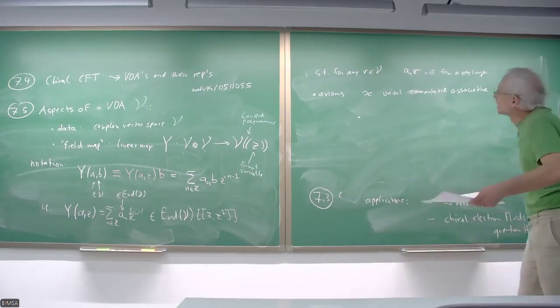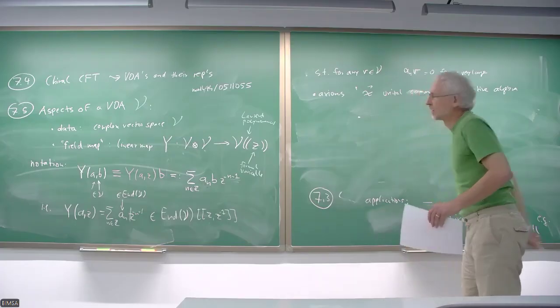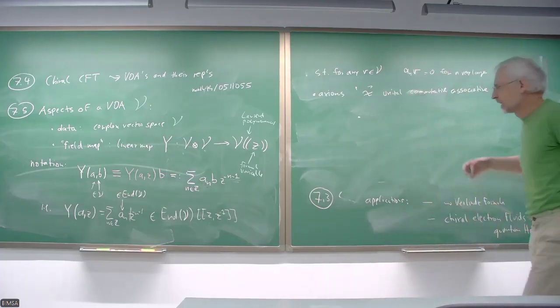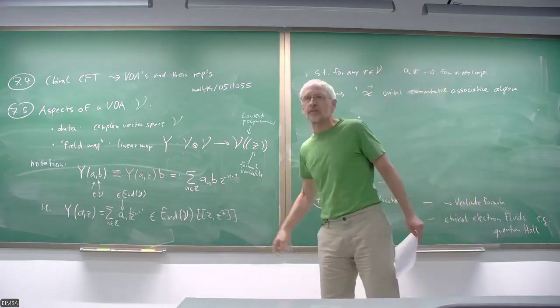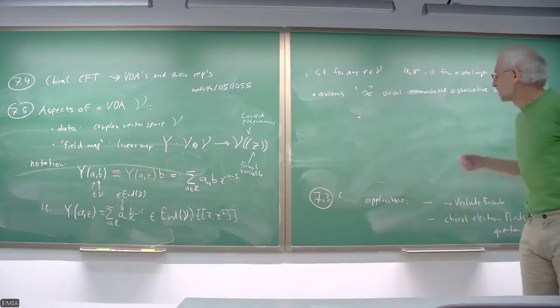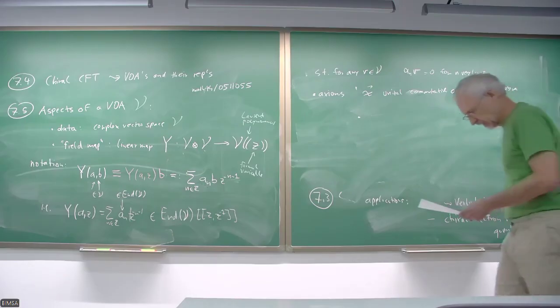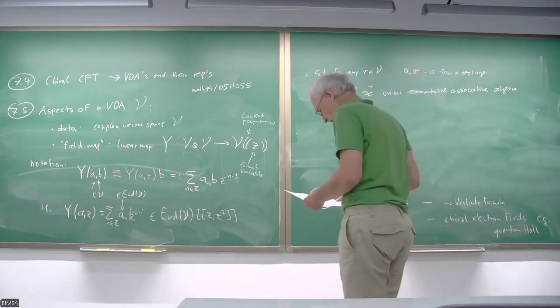And it's only roughly like that. Of course, it's something much more complicated, and the complications come from the presence of this formal variable. In fact, on the other hand, any unital commutative associative algebra is an example for a vertex algebra. A trivial one, but it is.